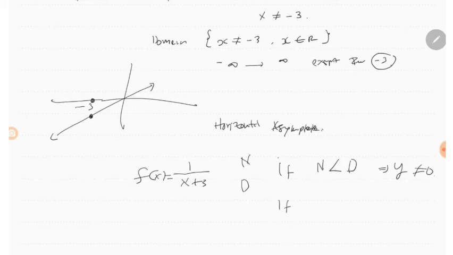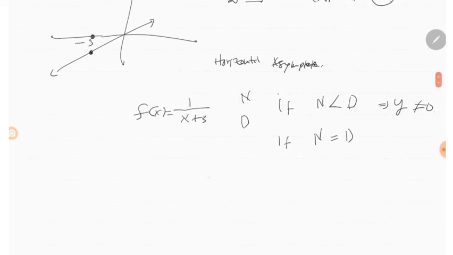But if the power of the numerator equals the power of the denominator, for example 2x squared over x squared plus 1, then y equals the coefficient of the numerator over the coefficient of the denominator.